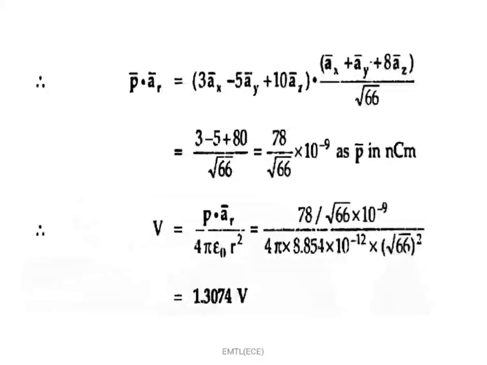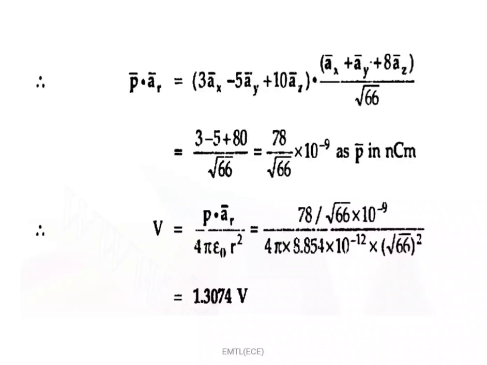Now substitute this value in P bar dot aR bar. This is the P bar vector given in the problem, that is 3ax bar minus 5ay bar plus 10az bar, dot ax bar plus ay bar plus 8az bar by square root of 66.